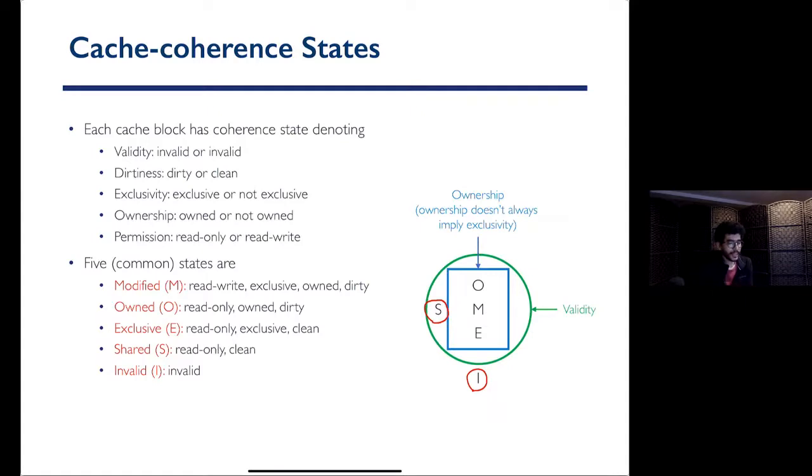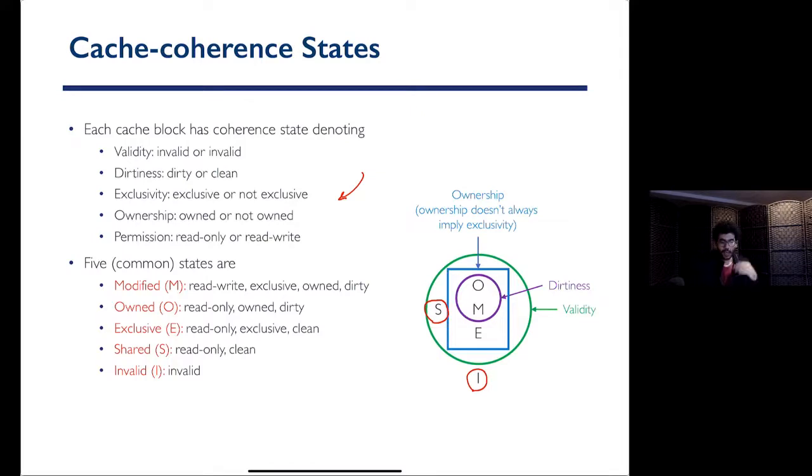Oh, I made a mistake. I think here I said you might have a memory in exclusive access, exclusive mode, but you might not be the owner. I messed it up. You might have a memory in ownership state, but you might not have exclusive access to it. So excuse me. So if you have it in exclusive, then you're owner. But if you have it in owner, you might not have exclusive access to it.